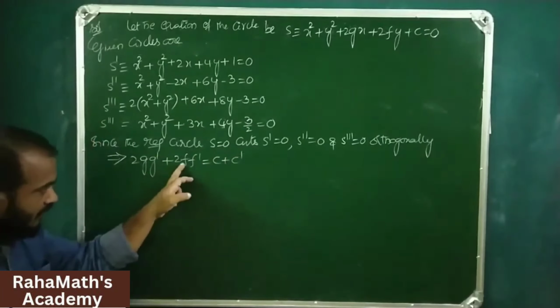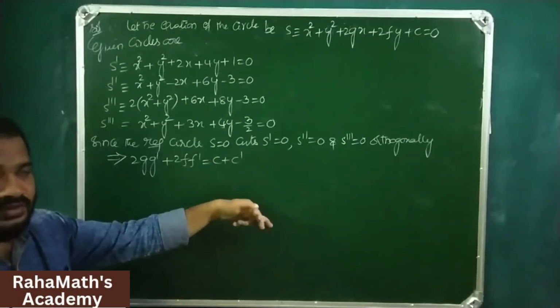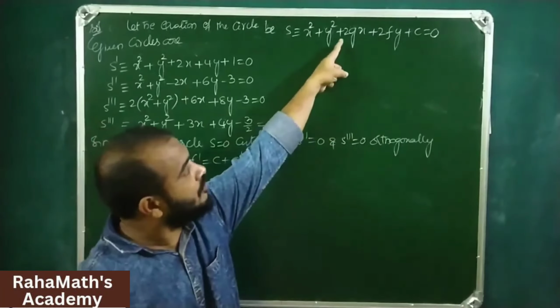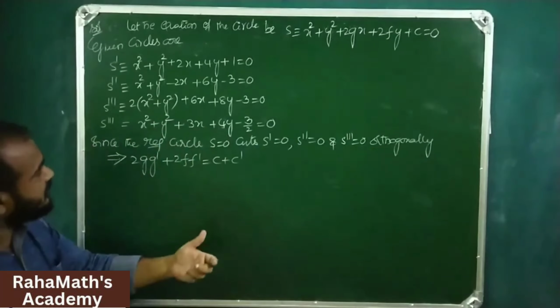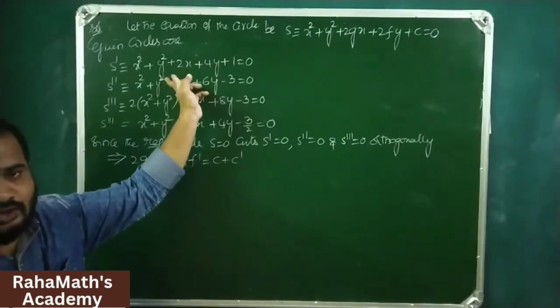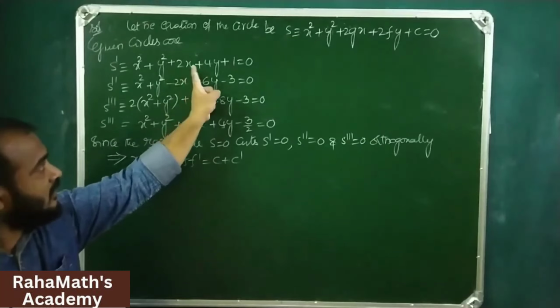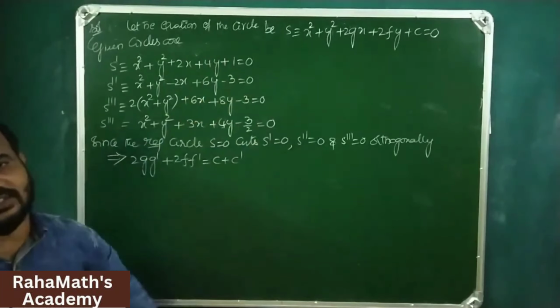Here g, f, c are the terms of this required circle, and g dash, f dash, c dash are the values of the coefficients of x, y and the constant.